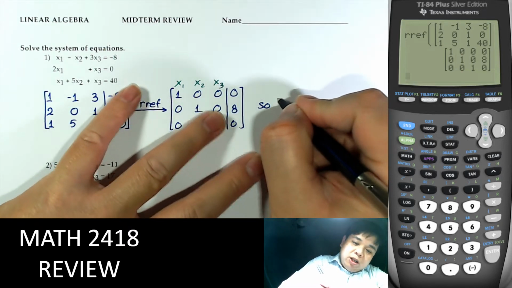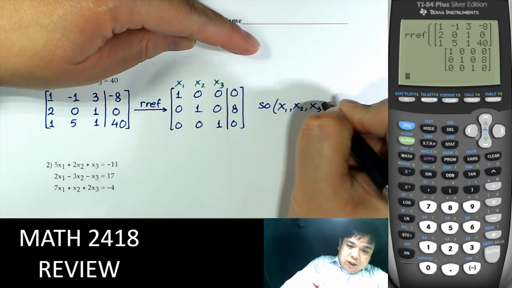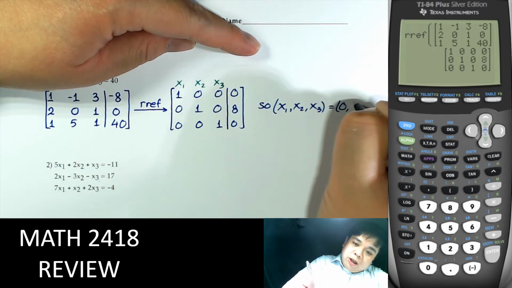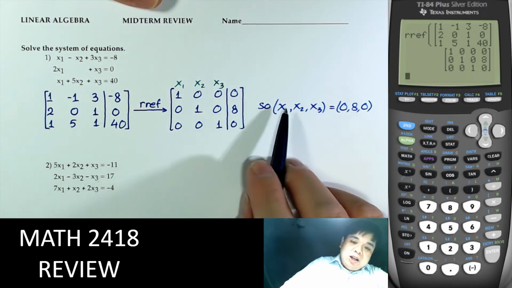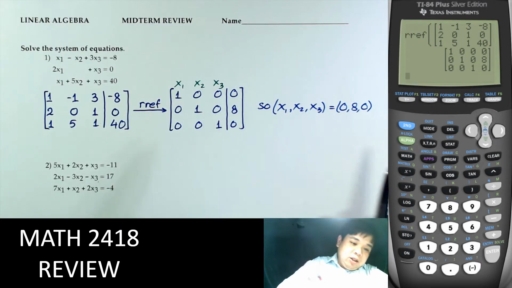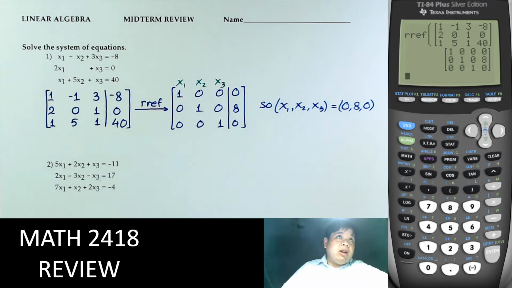Or we can just write x1, x2, x3 equal to 0, 8, and 0. We can write that as a triplet, or a vector later, but any form will be fine.